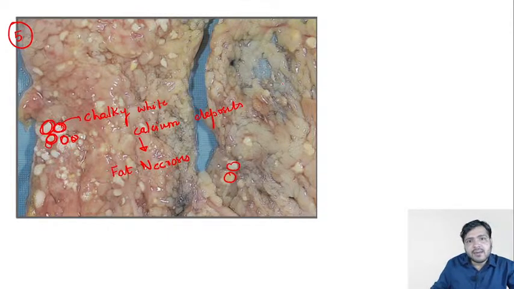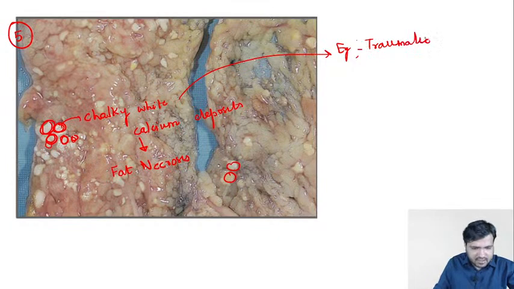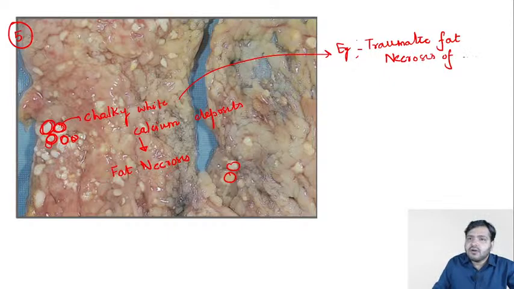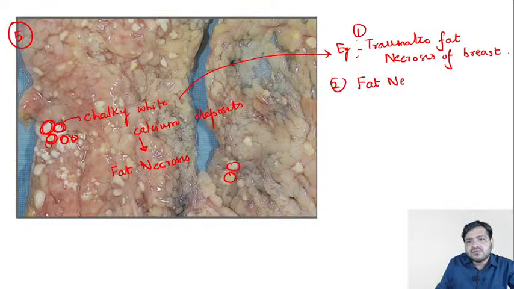And examples are being asked more nowadays, and you should know that it can be traumatic fat necrosis of the breast, guys. Along with that, the other example you can mention is fat necrosis due to acute pancreatitis.